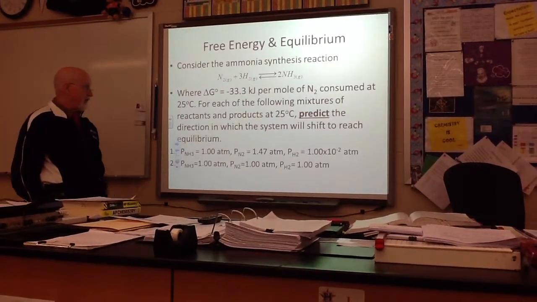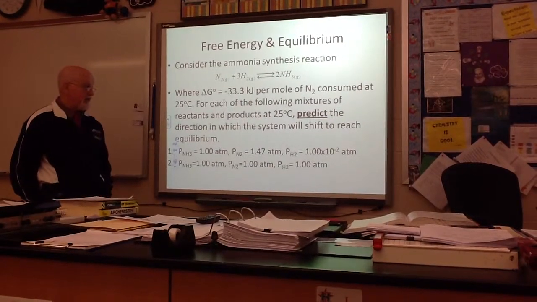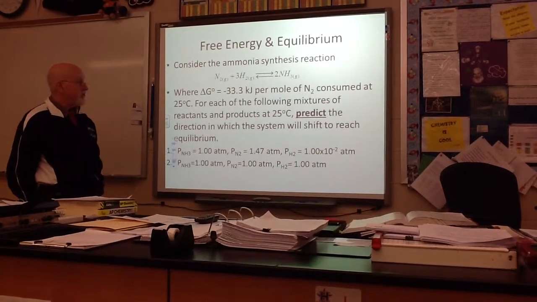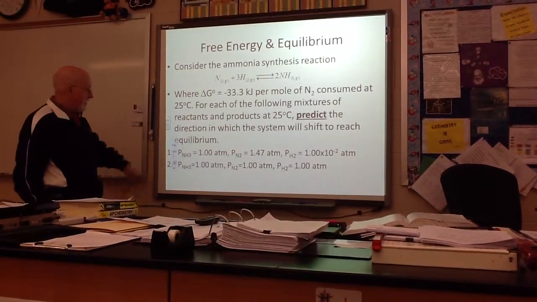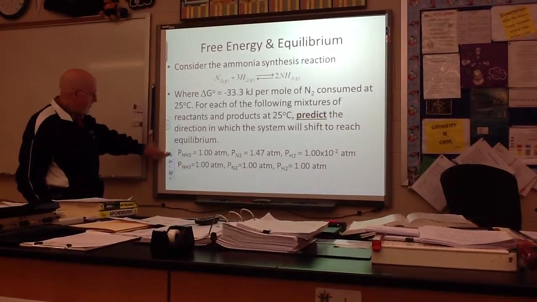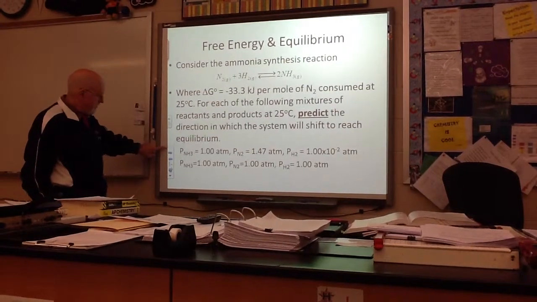For each of the following mixtures of reactants and products, predict the direction in which the system will shift to reach equilibrium. So we have two different situations down here.